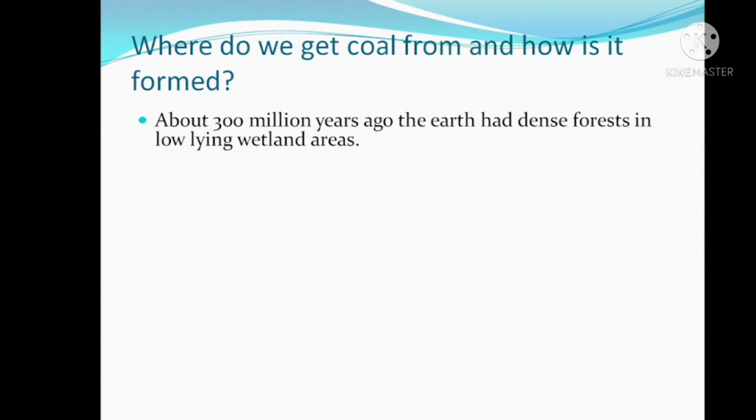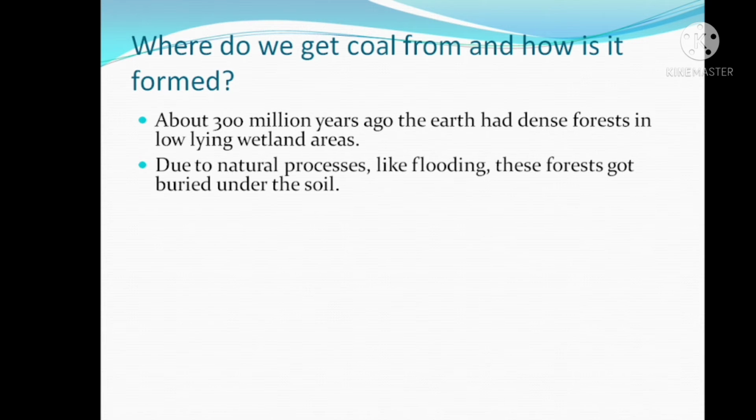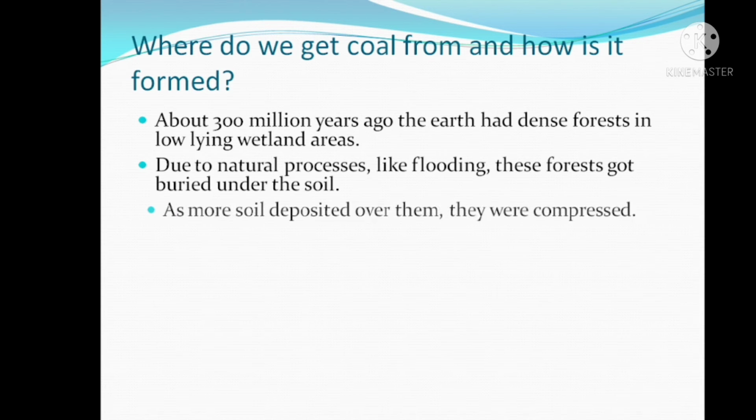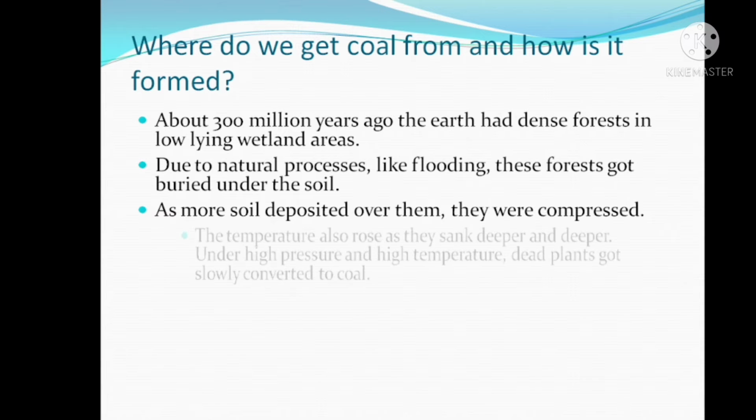It takes too much time to produce coal inside the earth. Due to natural processes like flooding, these forests got buried under the soil. As more soil deposited over them, they were compressed. That means due to the pressure, that forest was compressed into the earth.